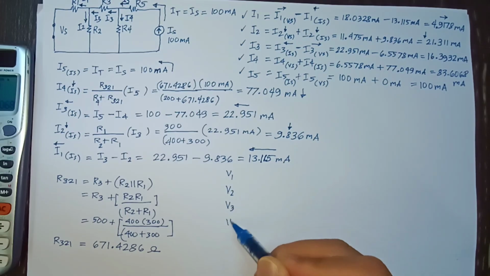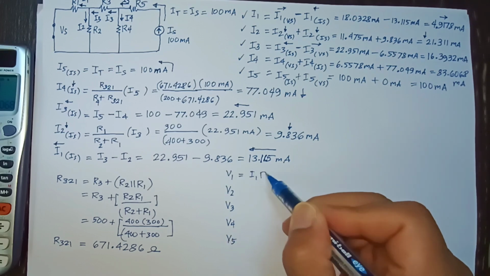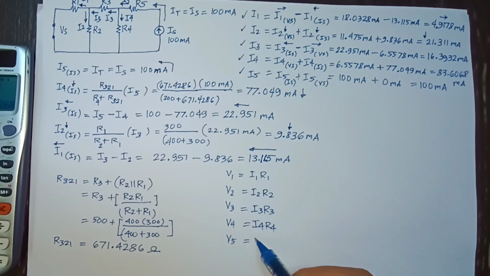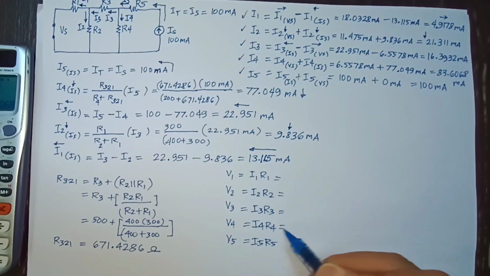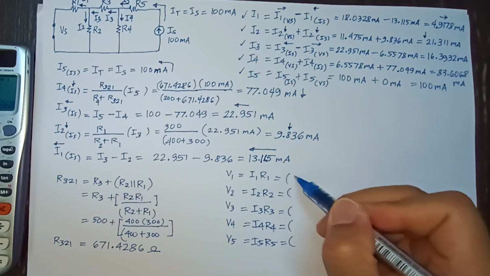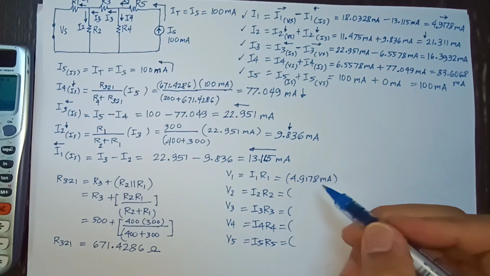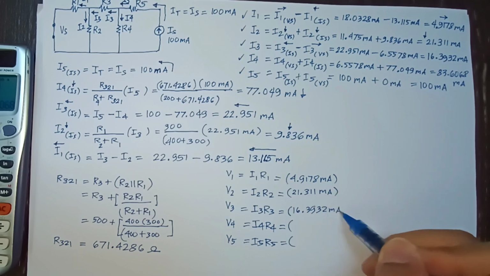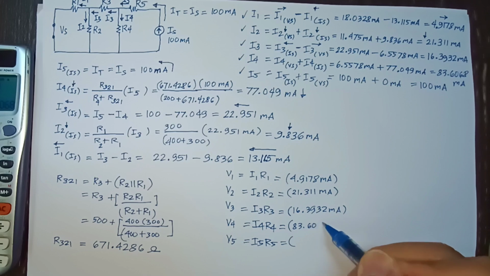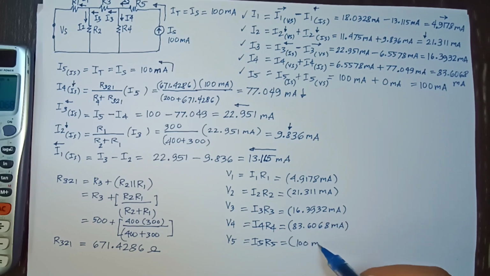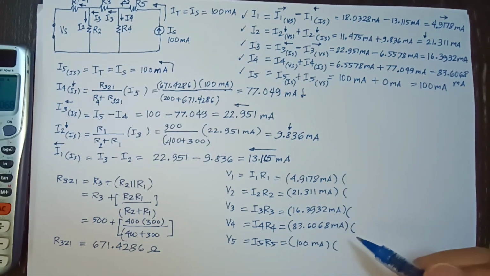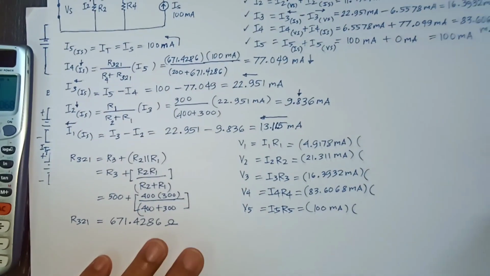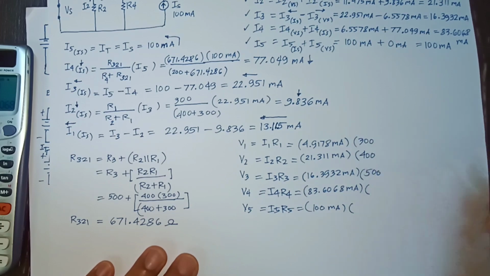And now we are ready to calculate for all the voltages by simply using Ohm's law. And that would be I1 multiplied by R1 up to I5 multiplied by R5. So by just substituting all of the current values that we got from the previous calculation for the current totals, and then multiplying them by the individual resistors R1 up to R5, by Ohm's law, you multiply I with the R and you will get the voltage.